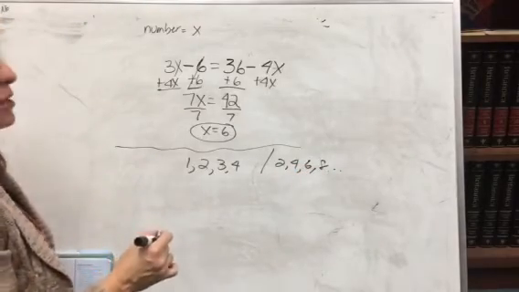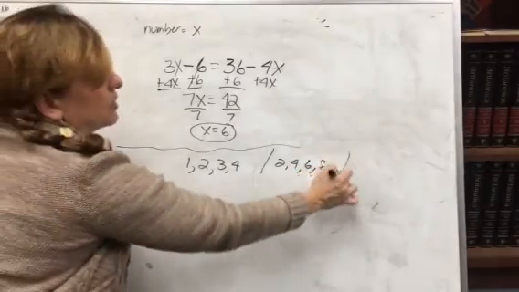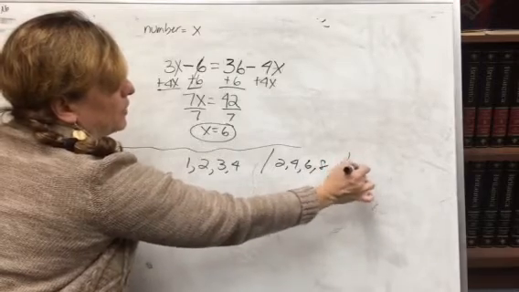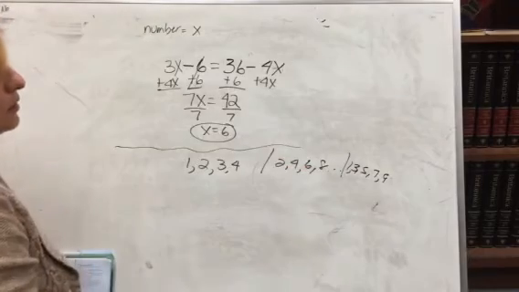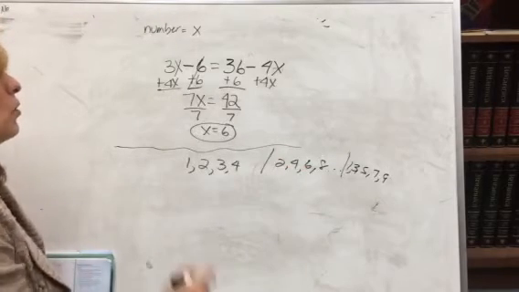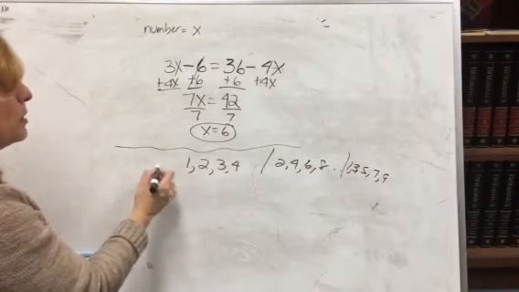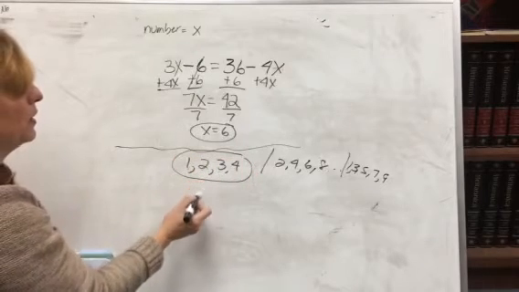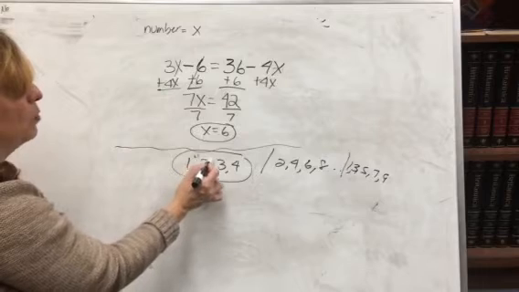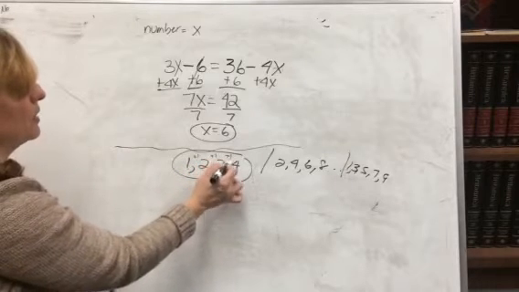Consecutive odd integers would be 1, 3, 5, 7, 9, and so on. We're talking about consecutive integers. What's the difference between each one? I just add 1 to every number to get the next number.